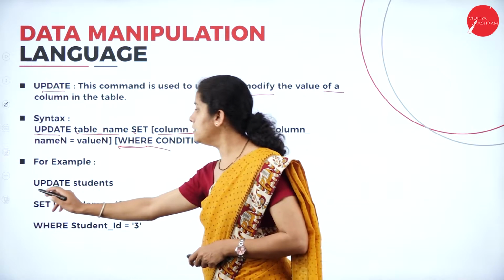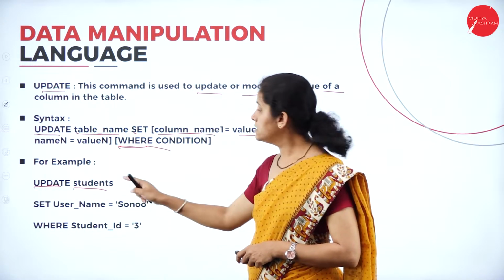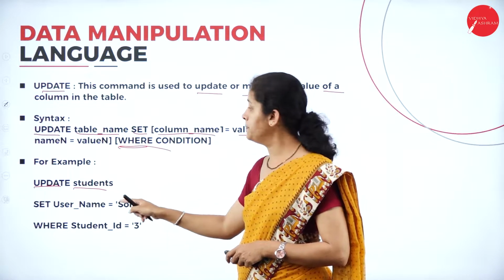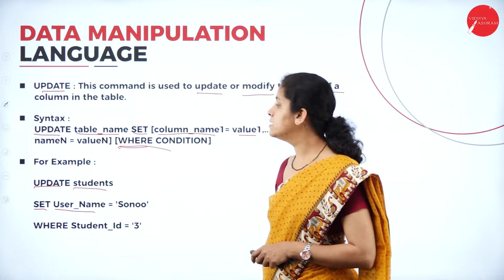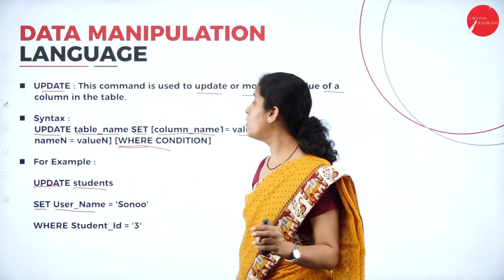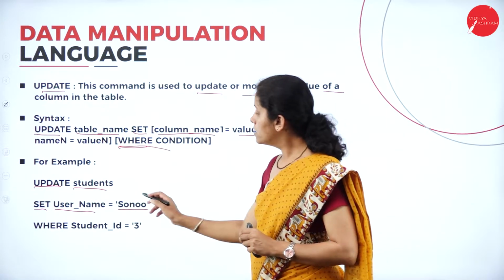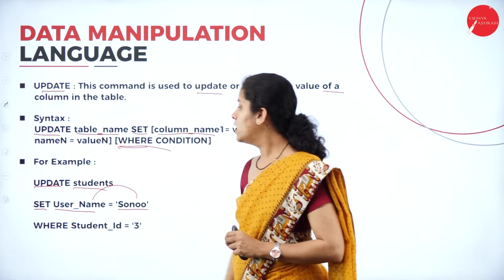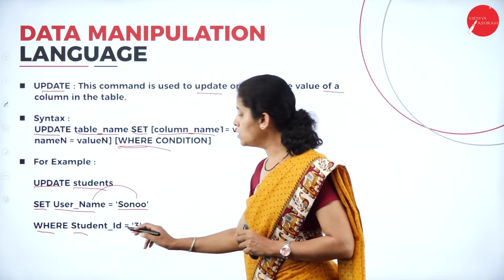So example, update, think that students is nothing but the table name, set. Okay, I want to use the field called, that means I want to set the field called username, and I'm going to assign the username, and where student ID equal to 3.